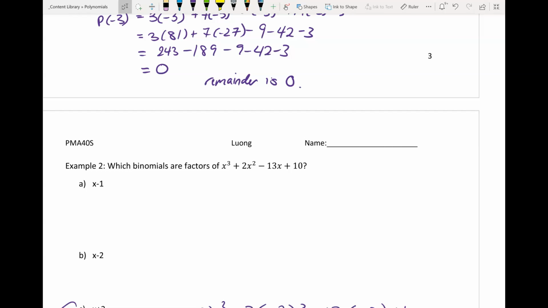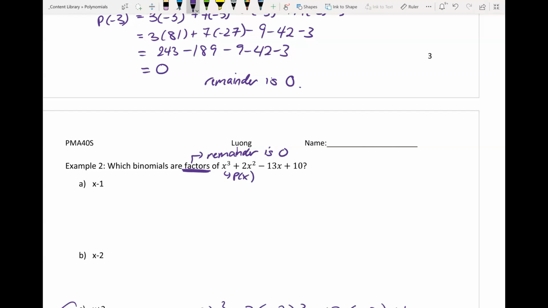For example 2, we want to know which binomials are factors of x cubed plus 2x squared minus 13x plus 10. We know a binomial is a factor when the remainder is 0. So if we use our factor theorem and we find out that it is 0, that means that binomial is a factor of our polynomial.